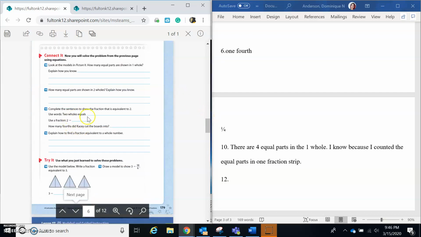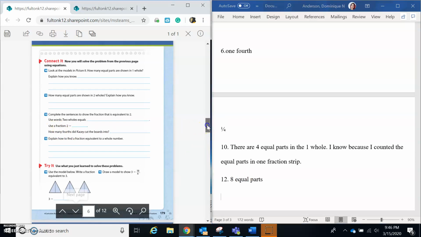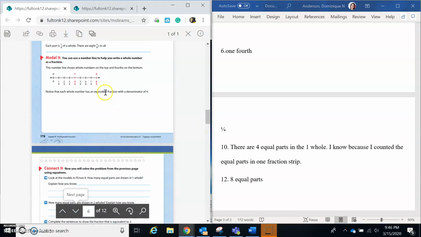So 2 wholes equals 8 equal parts. And then now we can use a fraction. So 2 equals, and remember if we counted it, it was 8/4. So we're going to say 8/4.